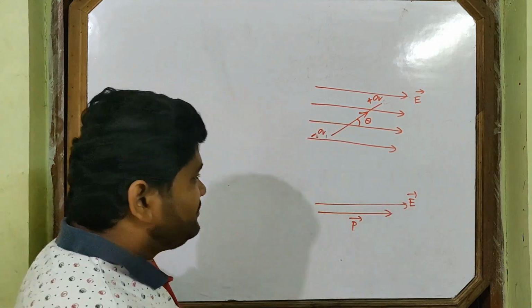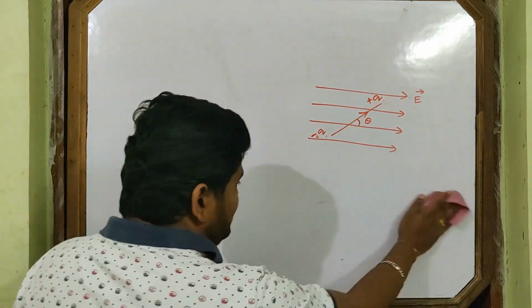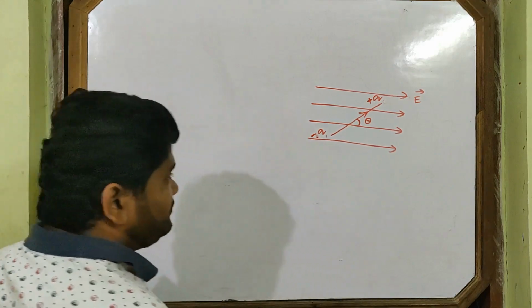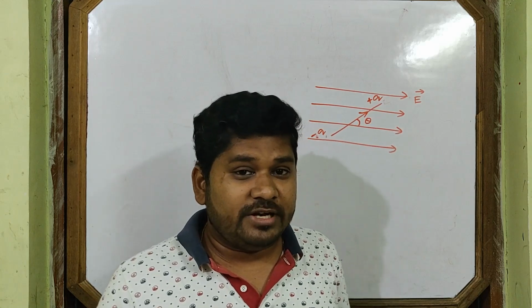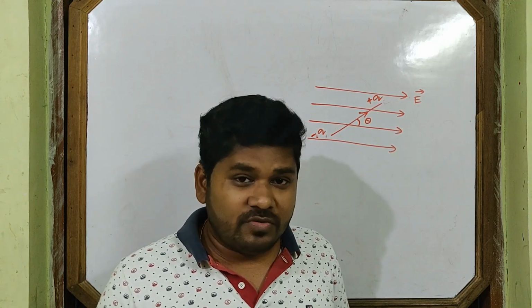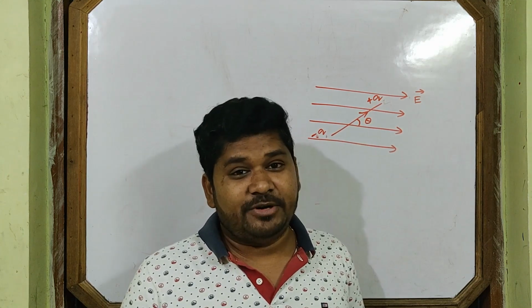Now let's see what is the potential energy of the dipole. We will rotate the dipole from theta 1 angle to theta 2 angle. If we rotate from theta 1 to theta 2, then we have to do work. That work done is equal to the change in potential energy between the two positions.